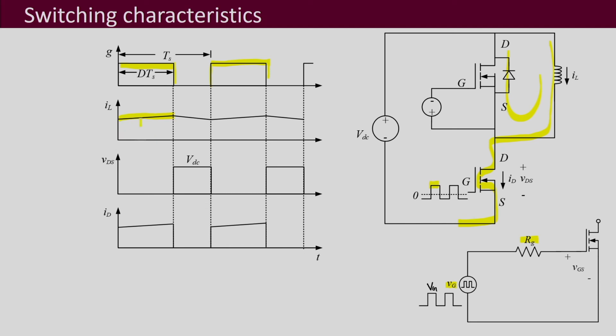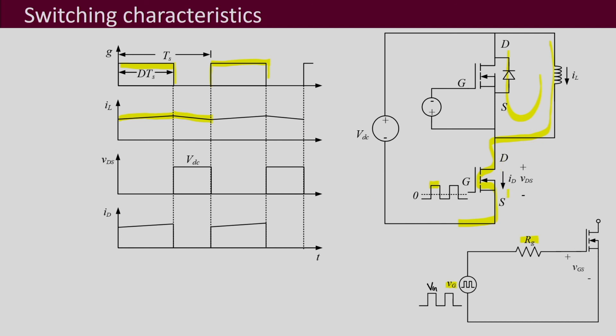When we turn off this lower MOSFET, the diode will start to conduct and the MOSFET will be blocking, and the inductor current is freewheeling, so it will reduce slightly. This is the nature of the inductor current waveform we will be observing.